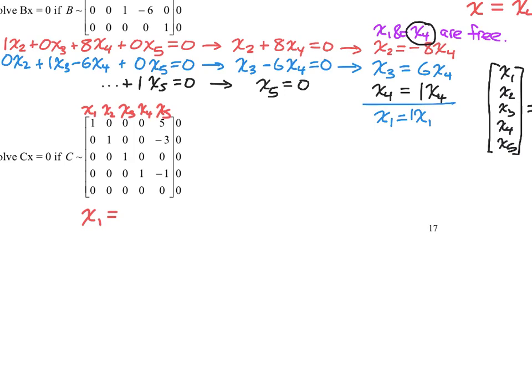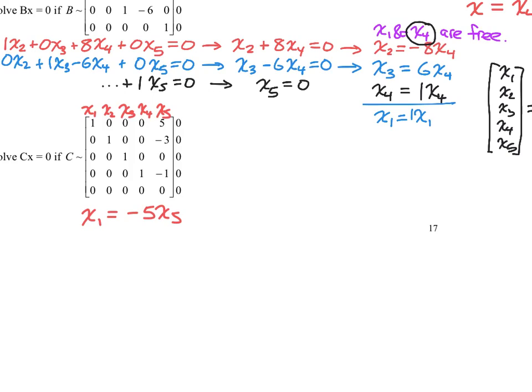So x sub 1 would be equal to, and I'm going to write it as -5 x sub 5. The reason I'm going to do that is because the intermediate step would be 1 x sub 1, 0 x sub 2, 0 x sub 3, 0 x sub 4, and then 5 x sub 5 equals 0. So why not just negate it and bring it over to the other side?